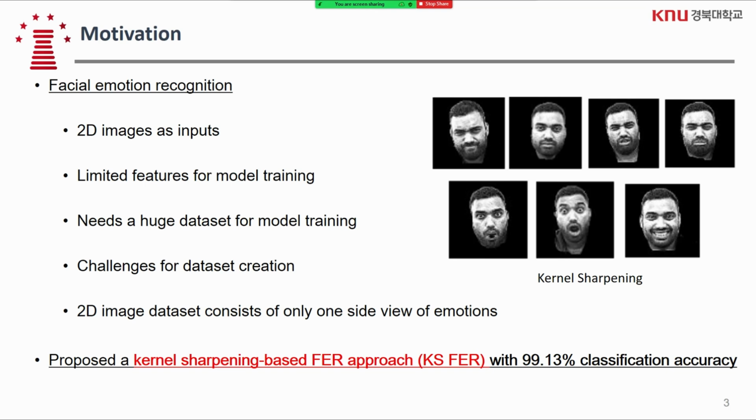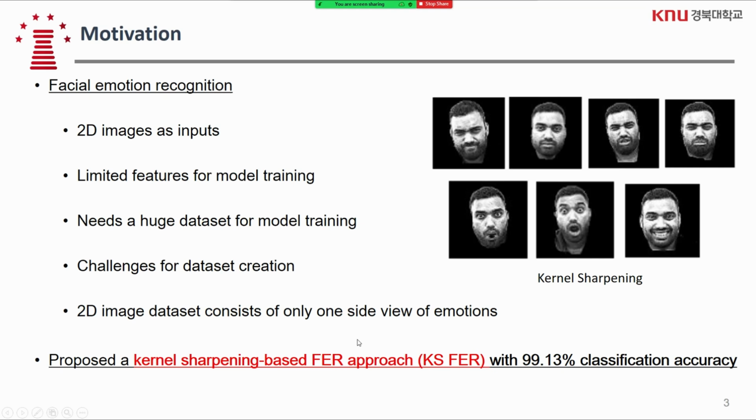To improve the performance of the system using normal raw images, we introduce some image processing techniques to enhance and extract more features from a raw image, and train the model and classify the result. So that is our key idea of this research.